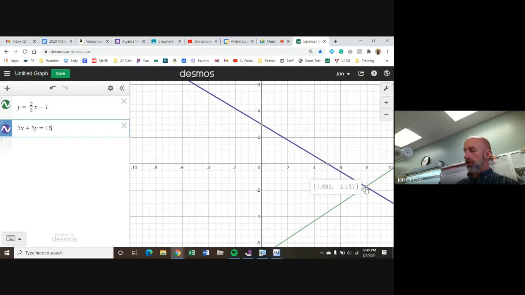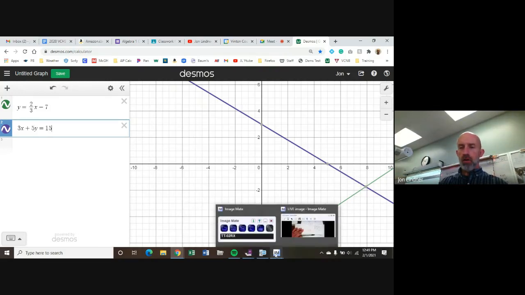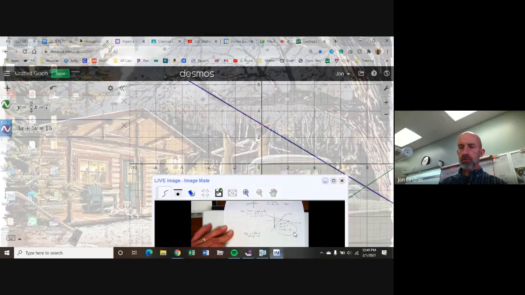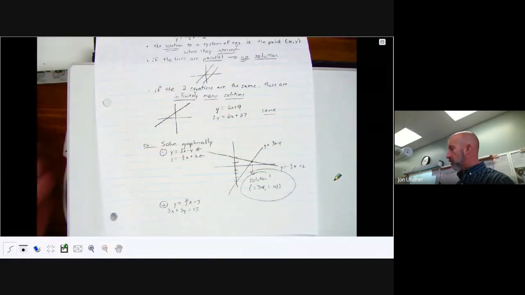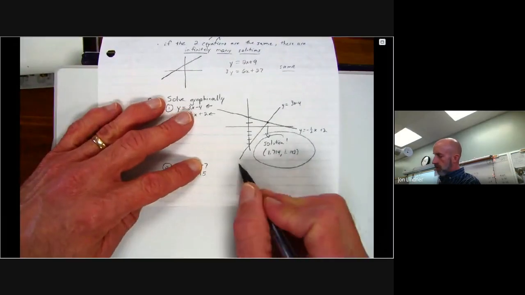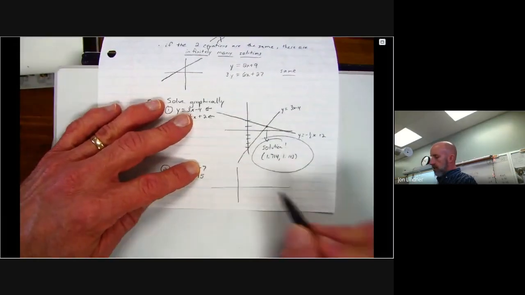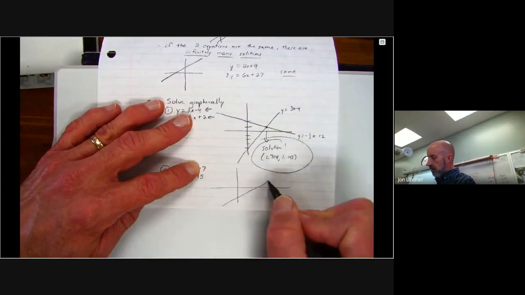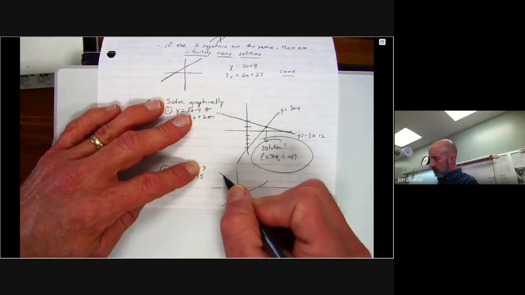So on that problem, again, you would put a sketch of what you found out. I'm not going to spend as much time on this graph. They intersected down here someplace.